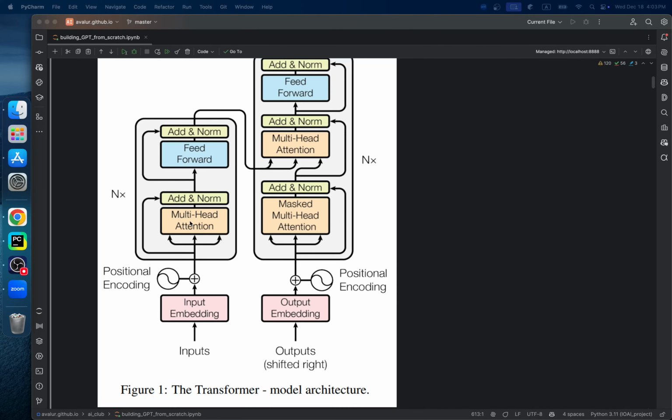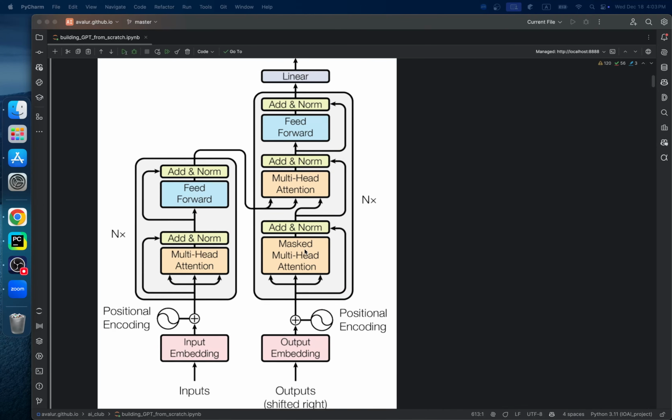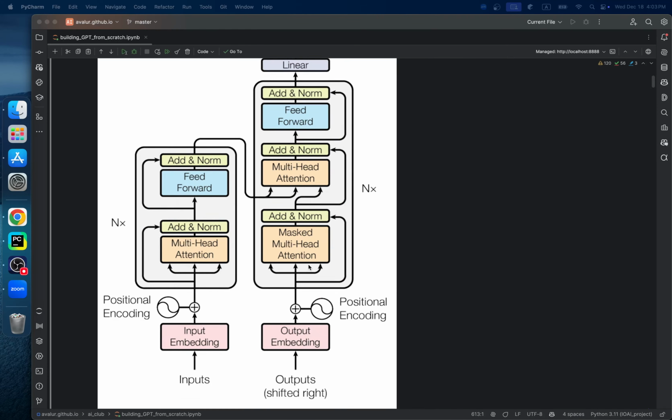So here it is self-attention, and then in the decoder we have a very similar scheme of operations. We start with multi-head self-attention, and it is masked because we don't want to look into the future. We hide future tokens because usually we want to predict the next token, the next word, and this is our task.